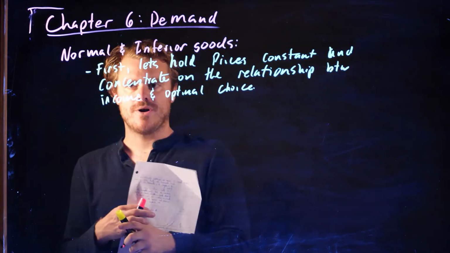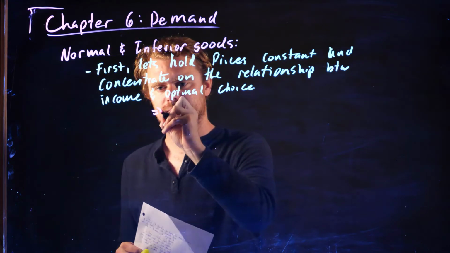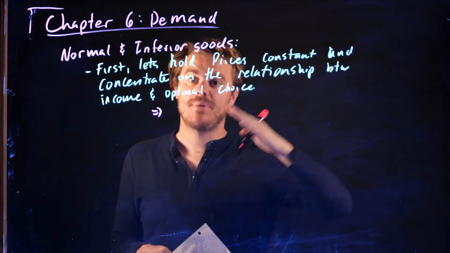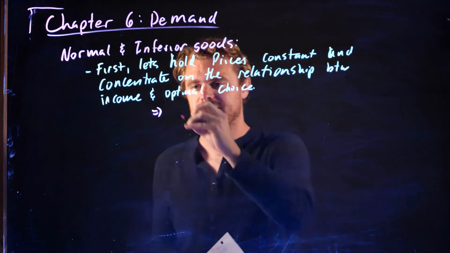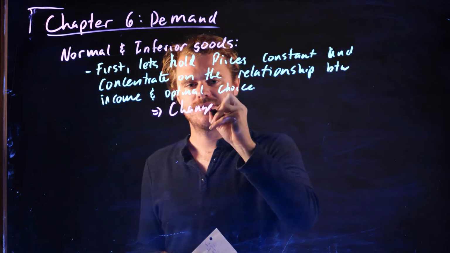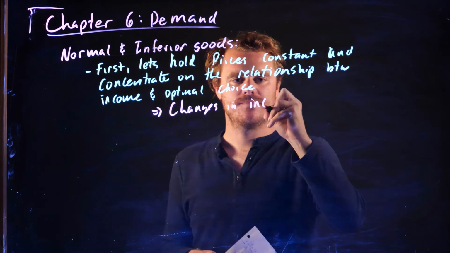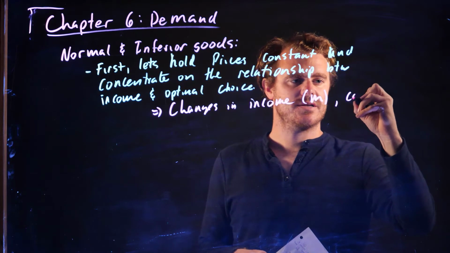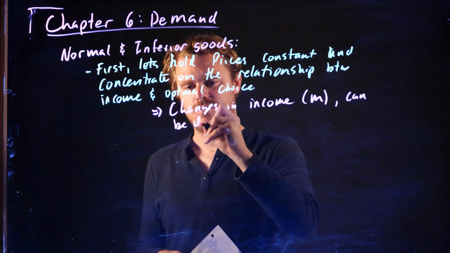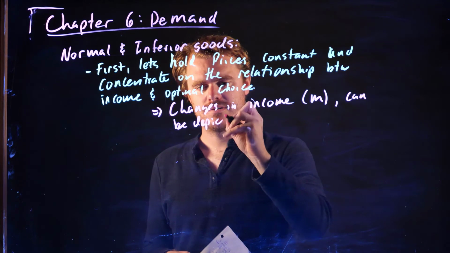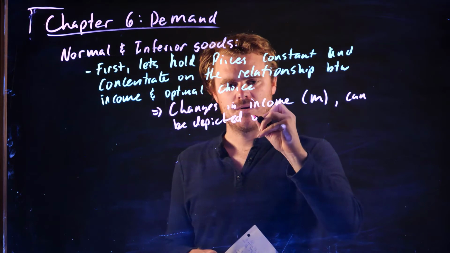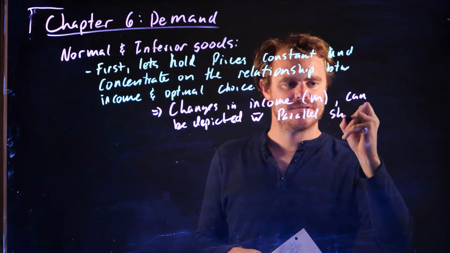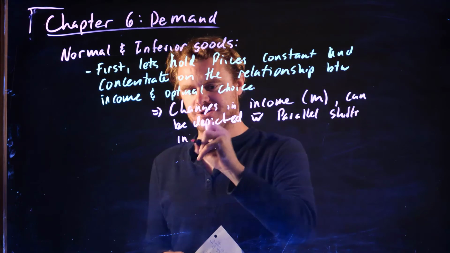If you remember, when we talked about income increasing or decreasing, that was causing parallel shifts in our budget constraint. So changes in income, which we've been denoting with M, are depicted with parallel shifts in the budget constraint.